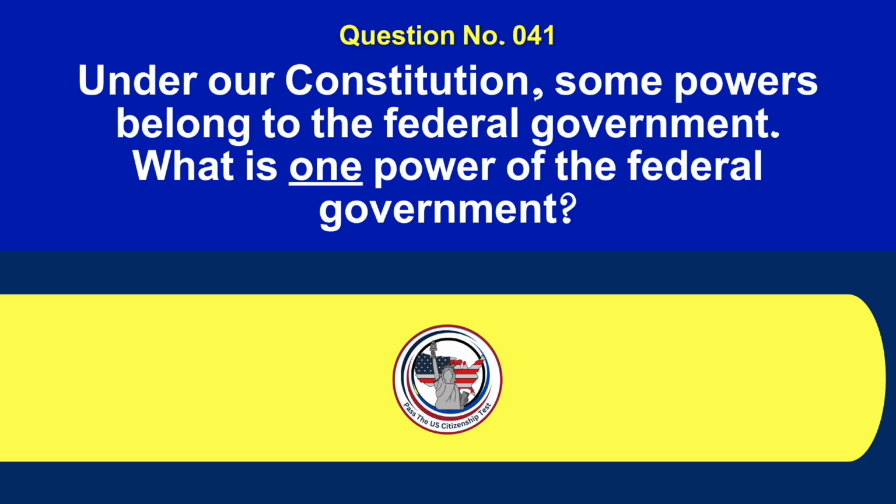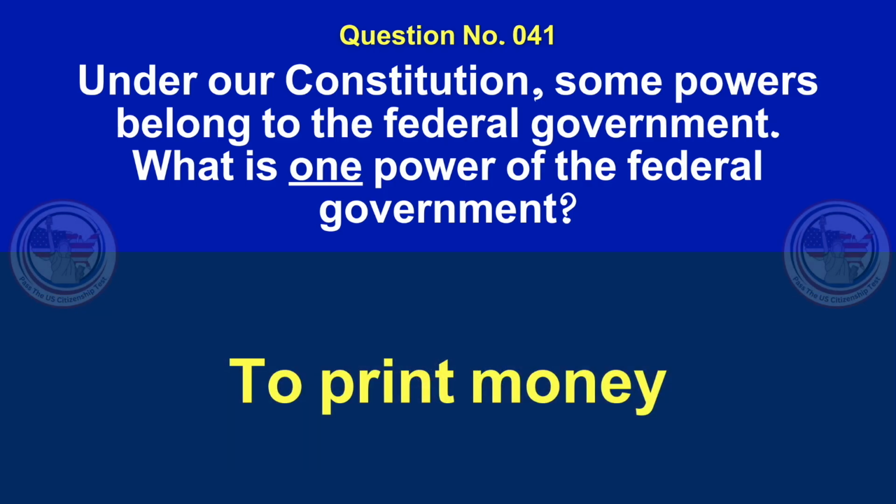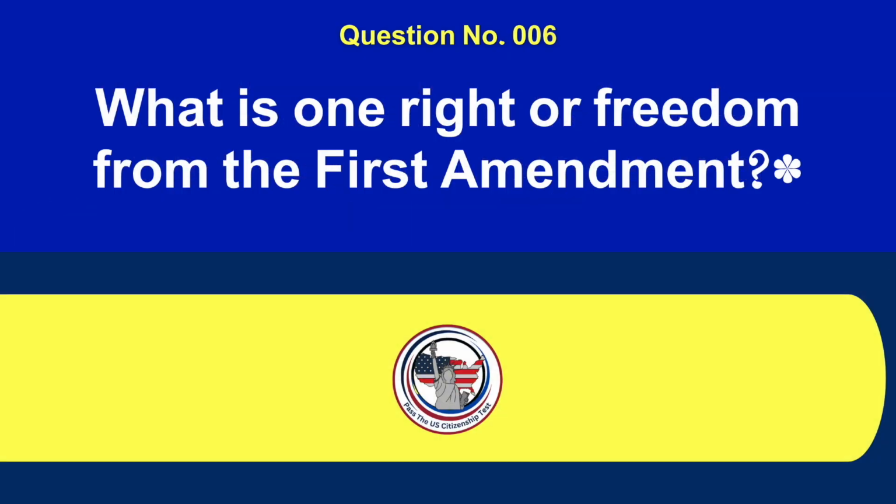Under our Constitution, some powers belong to the federal government. What is one power of the federal government? To print money. What is one right or freedom from the First Amendment?